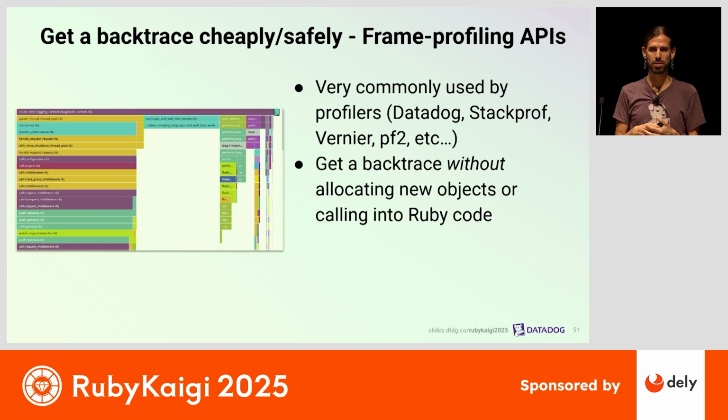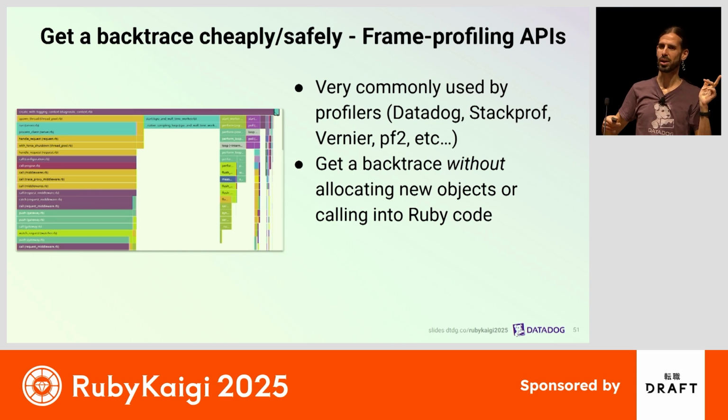And why do they use them? Because these APIs are really useful, because they give you a backtrace without allocating new objects or calling into Ruby code. If you think back to the things I was saying before, where you cannot create new objects and you cannot call into Ruby code in some of the other APIs, this API is built to connect very easily with that, because it doesn't need to create any objects. This also makes it very cheap, which is good for profilers, because you don't want your profiler to make your application even slower.